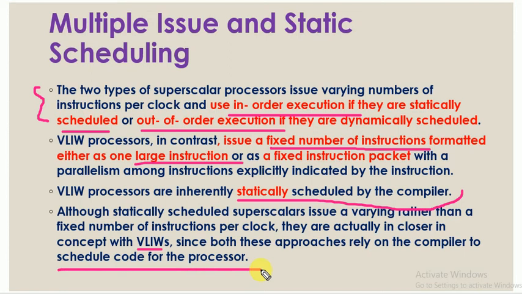So superscalar as well as VLIW, the only difference is that the instructions are separate in the case of superscalars, but in the case of VLIW it is given as a single packet. But both of them are actually done similarly, with static scheduling and the support of the compiler.